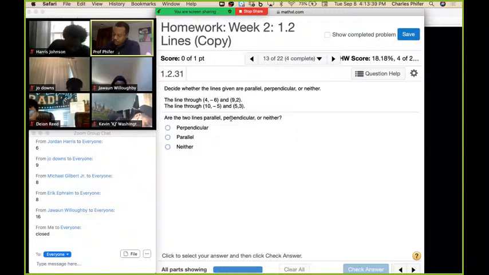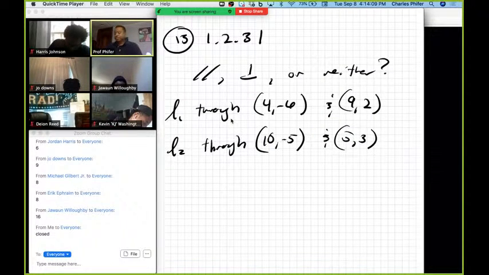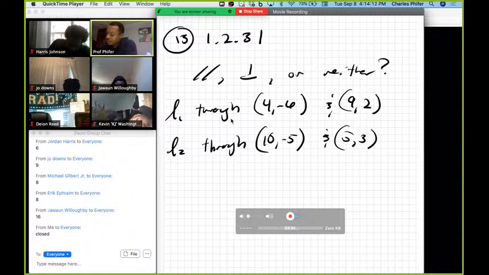So line 1 goes through 4 comma negative 6 and 9 comma 2. And then line 2 is through 10 negative 5 and 5 3. Okay. So whenever we're doing parallel, perpendicular, or neither, it's really a discussion on slope. So we need to find the slope.